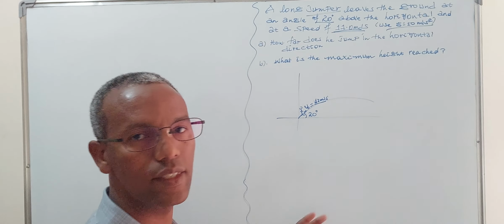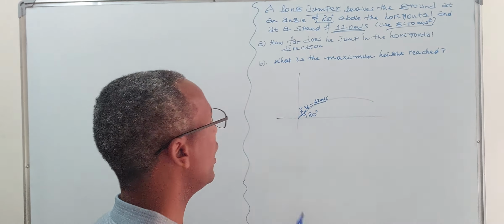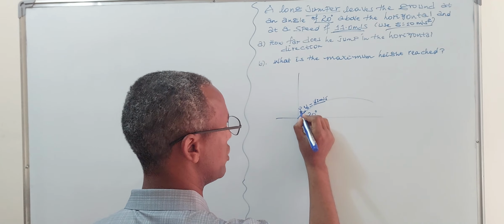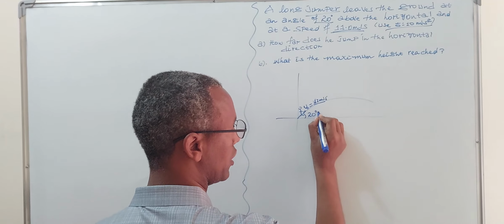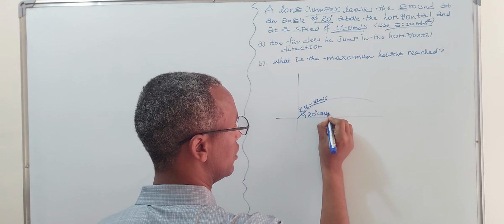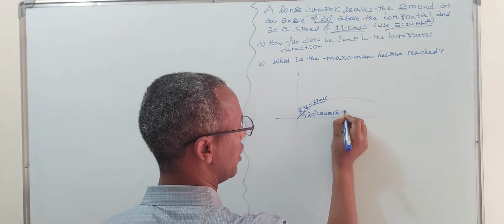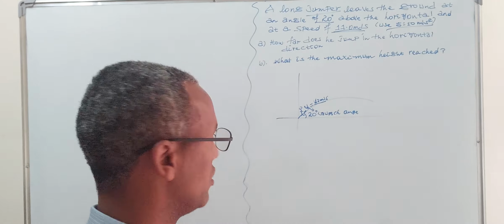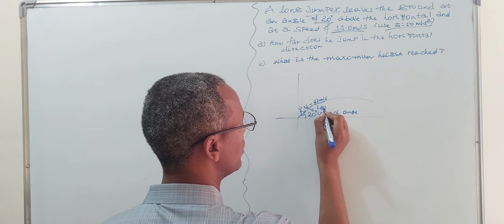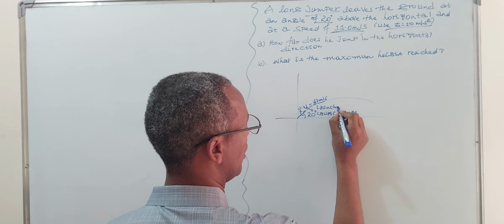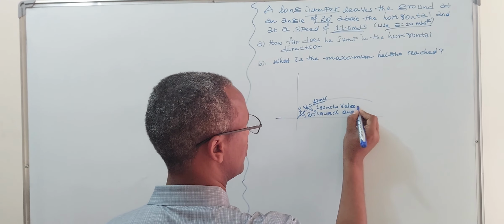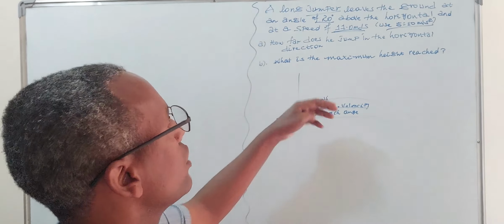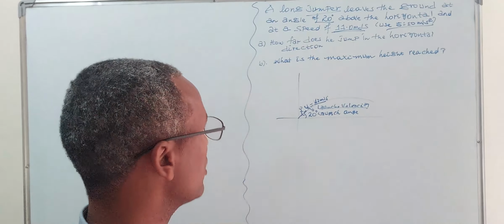So this is the basic scenario: the jumper, the launch angle, and the launch velocity, which is basically the initial velocity. Those are the basic terms that will help you calculate this exercise.